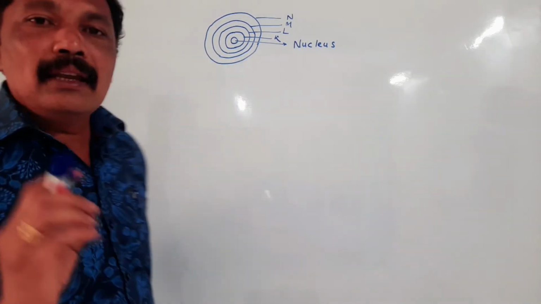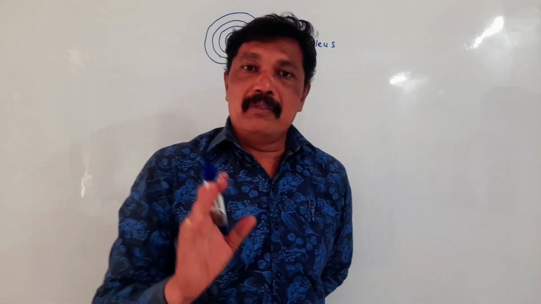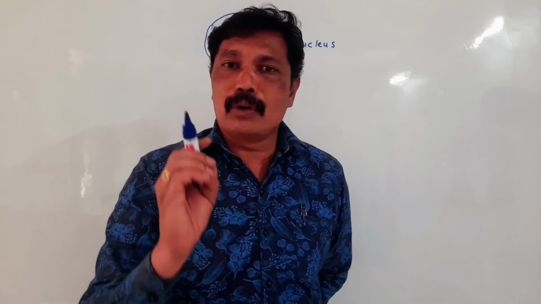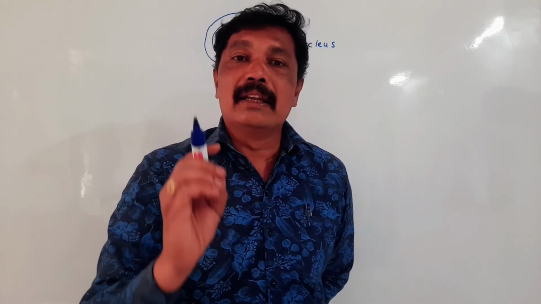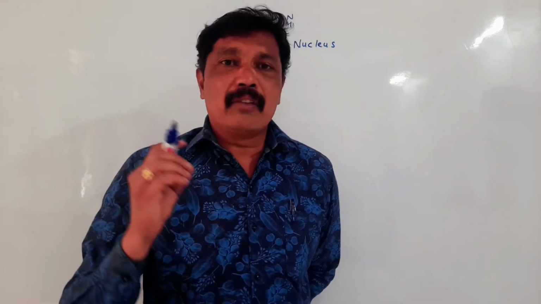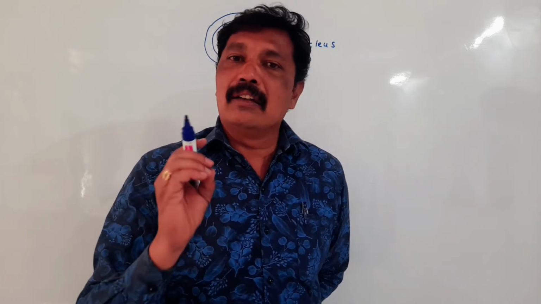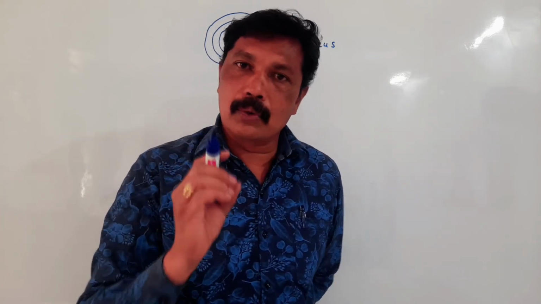N. My dear student, when we study the electronic configuration, we all know that the electronic configuration was given to us by Niels Bohr. So here we are going to study the electronic configuration given by Niels Bohr.